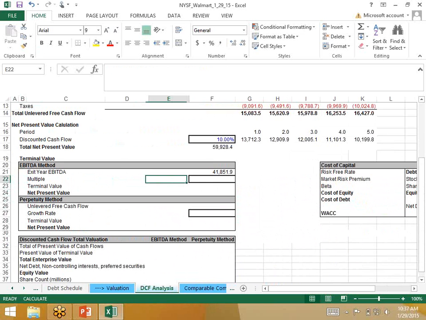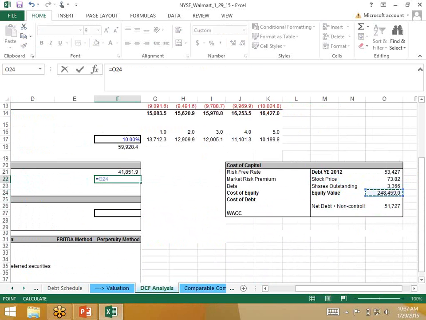Okay. So to calculate the multiple, we don't want the multiple based on that exit year EBITDA. We want the current multiple. We're going to take the market value that we calculated plus net debt, that's enterprise value, and let me put that in parentheses because that's the numerator.